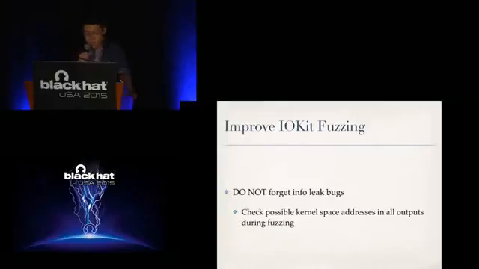We check for all possible kernel addresses in all the output of our fuzzing results. This is useful because we found an information leak bug this way and used that bug in the past Pangu jailbreak.